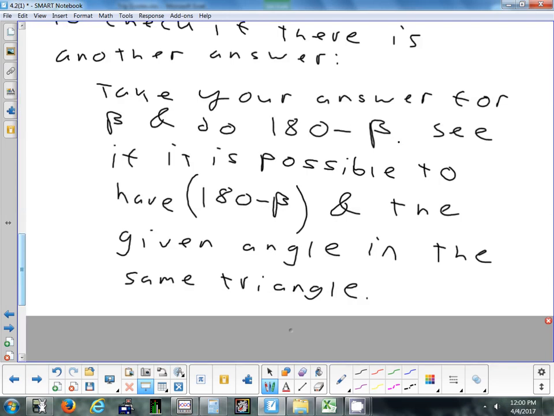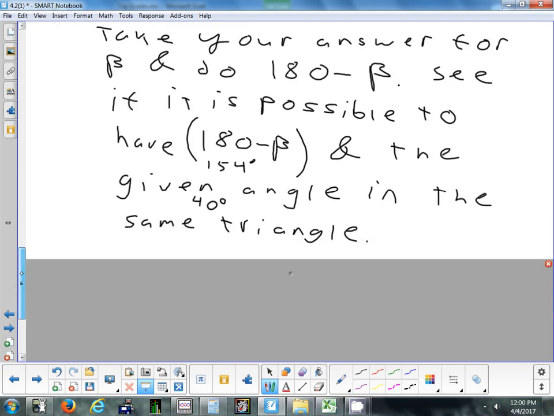See if it's possible to take that angle you just got, which was about 154, and the given angle, which in this particular problem was 40, see if they would fit in the same triangle. They don't. This would add up to 194. The second answer is too big. In this problem, the second answer doesn't work.